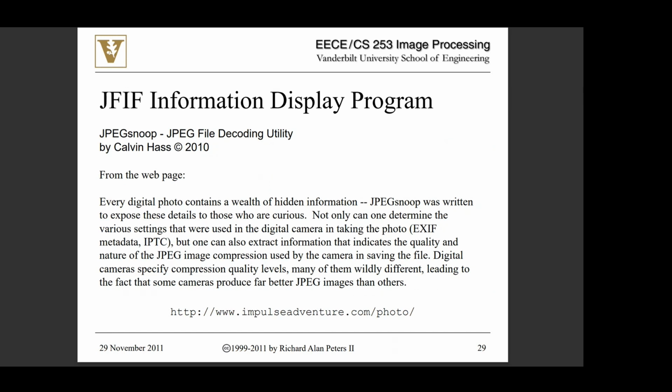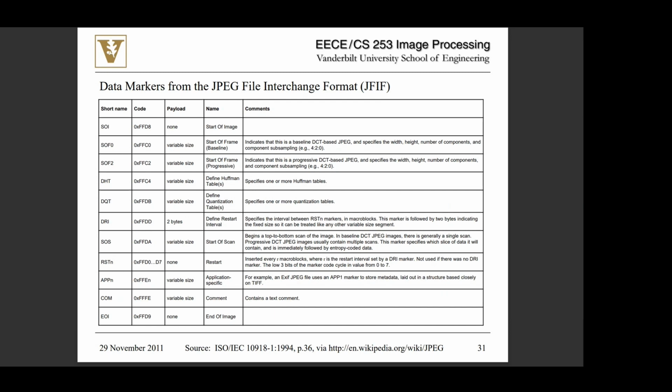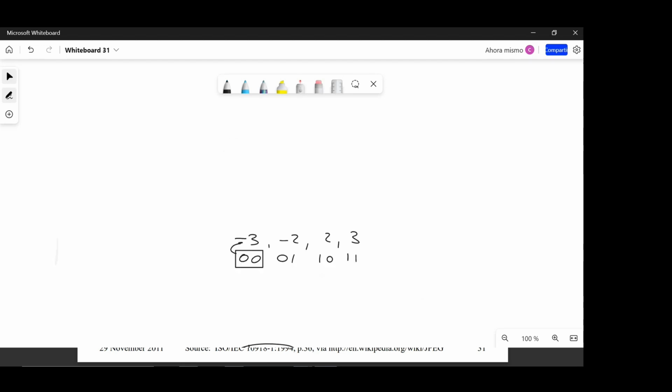Okay, so this is a program you can use if you want to look into a JPEG file, and there are many other programs. Let's say you have this JPEG image and you inspect it. This is general to nearly all image formats.